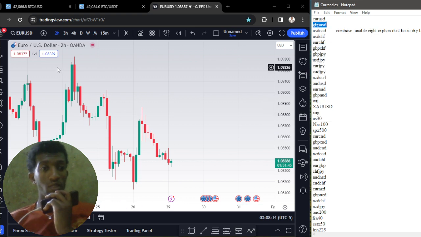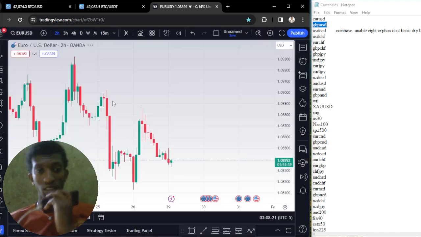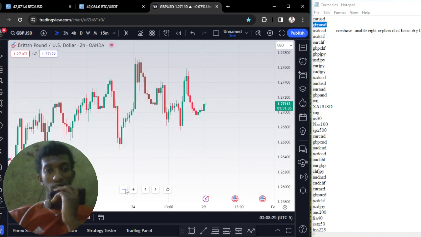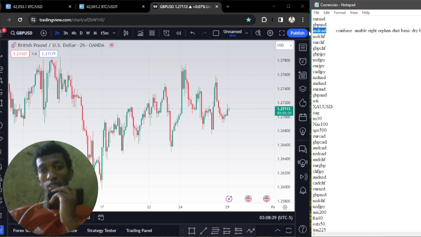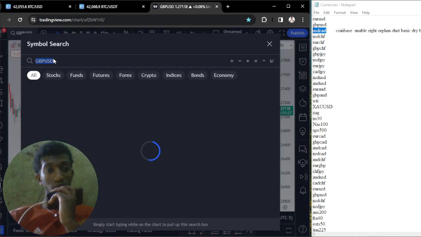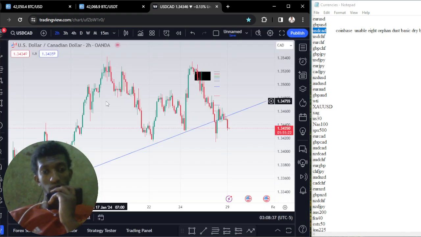Pound dollar. Let's go to pound dollar. This is 2 hours. So if you don't find the setup on the 2 hours, then go to the 4 hour or something. You could find something there. Let's go to dollar CAD. So dollar CAD, we had missed a great trade right there. As you can see, that was great.